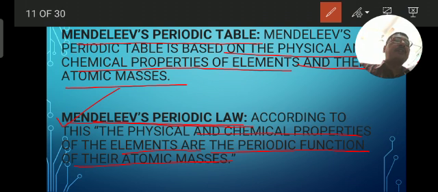There is a repetition of the same properties, whether chemical or physical, after a certain interval. That is the meaning of periodic function. That is called Mendeleev's periodic law.